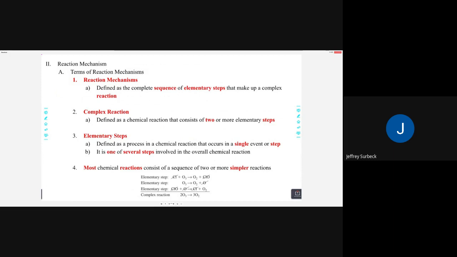So these are a proposal of a set of steps that get us to the overall reaction of interest. It combines some things that we talked about in chapter 16, Hess's law, and it's almost like a proof in geometry where we're saying, okay, bottom line, we want to get to this, prove how this exactly happens. Questions?